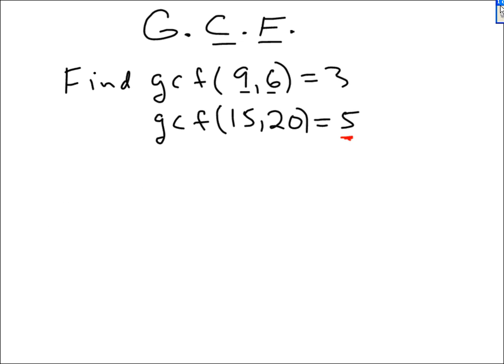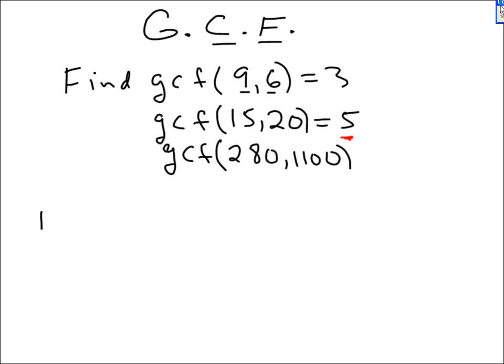The only problem is if the numbers are really, really large, you might have to go through an awful lot of factors. For example, if I now ask you to find the GCF of, say, 280 and 1100. Let's find the factors of 280.